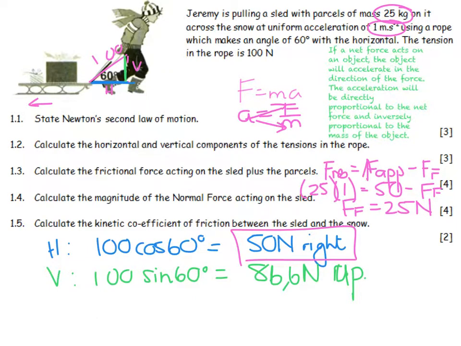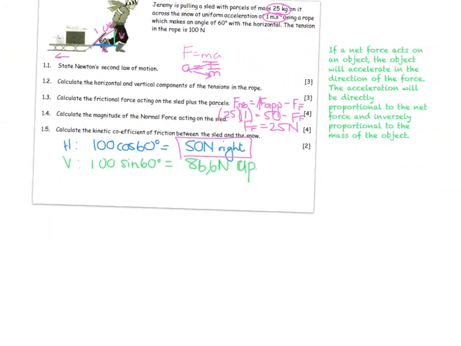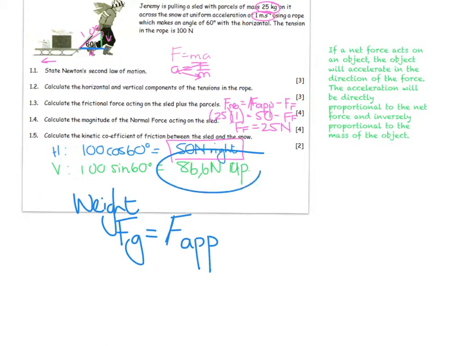The next thing we need to do is calculate the magnitude of the normal force. Now, the normal force is a tiny bit more tricky in the sense that it's got quite a few bits and pieces that are acting. So firstly, we know that there is no motion in the vertical plane, which means that the weight of this particular sled, or force gravitation, is equal to the lifting force, the force applied upward, plus the normal.